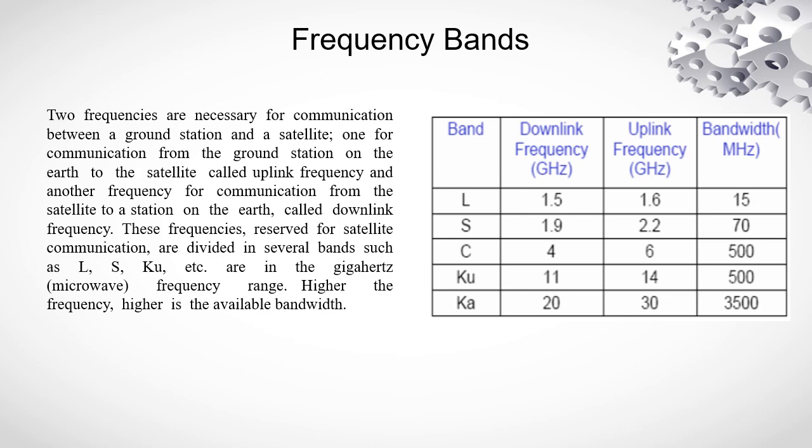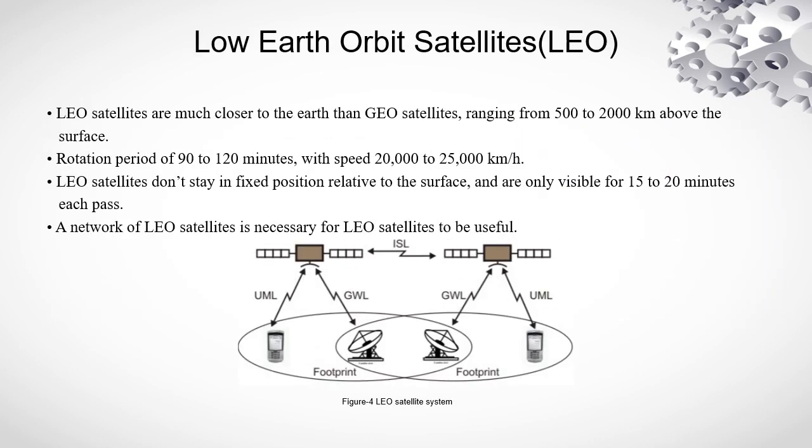Moving forward to some of the categories of satellite orbits. The first one is the low Earth orbit satellites. LEO satellites are much closer to the Earth than GEO satellites, ranging from 500 to 2000 km above the surface.